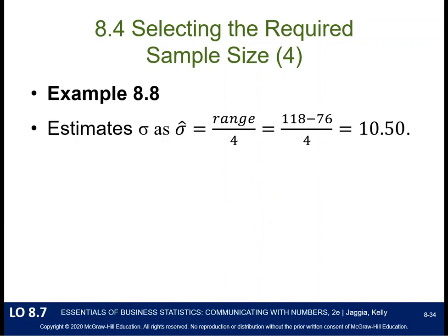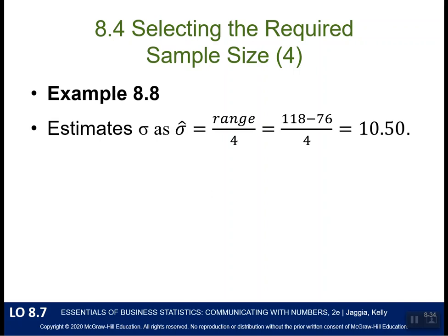Well, since we don't know the sample standard deviation or the population standard deviation, we can first of all estimate it as the range divided by 4. Okay, and it's always the range divided by 4. So our range in this case is the car that gets the highest miles per gallon minus the lowest miles per gallon, which is 118 minus 76 divided by 4.